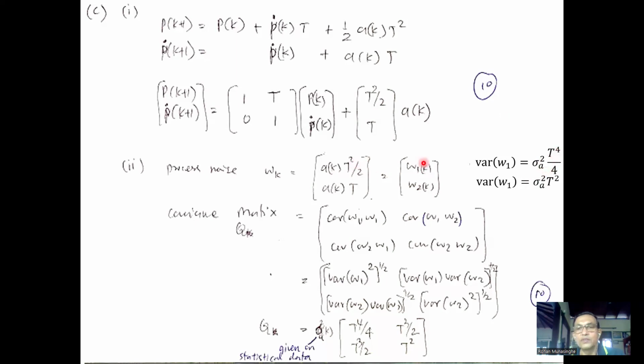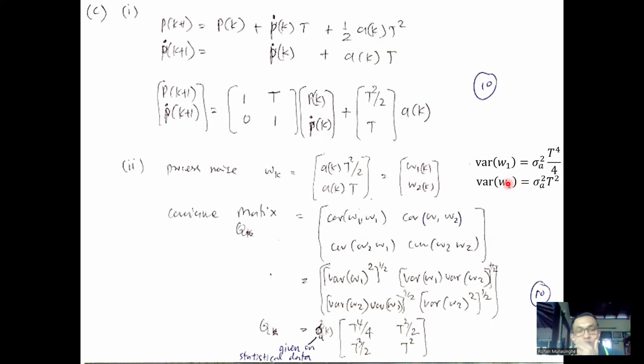We get the square of this one. For the second one, sigma a square t square, because it's just t in the second equation. If you see the stochastic variable in one of the equations, when you want to calculate the variance, you get the square of it. Just as simple as that. Now you have the two variances for W1 and W2. This should be W2, the second one. I will make that correction.